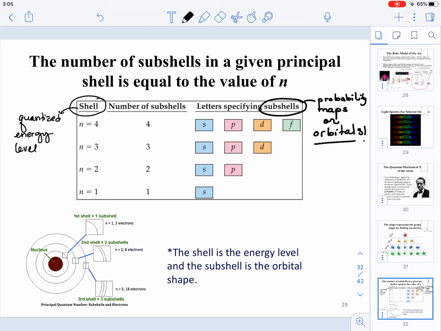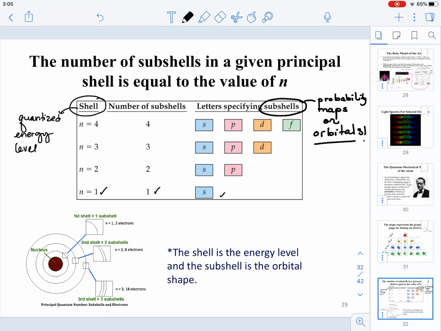Now, only for the first 4 shells, there is a trend. The value of the shell corresponds to the number of subshells. And in the third column in this picture, we see which subshells actually live there.